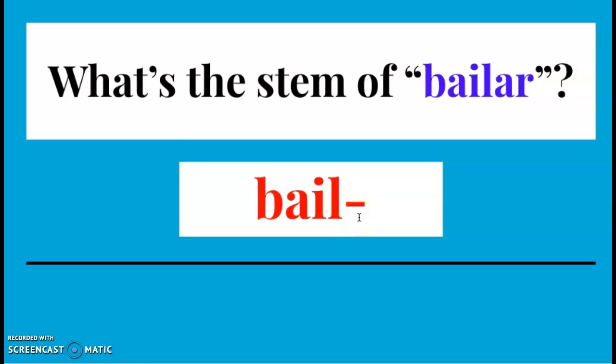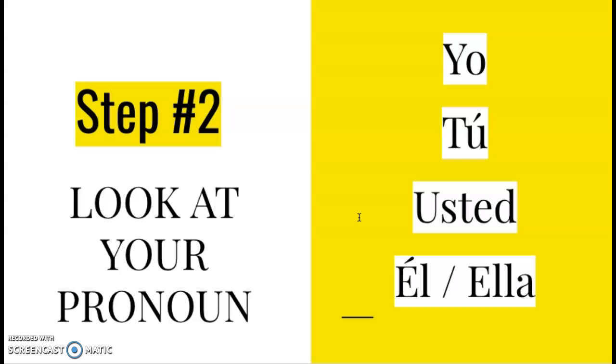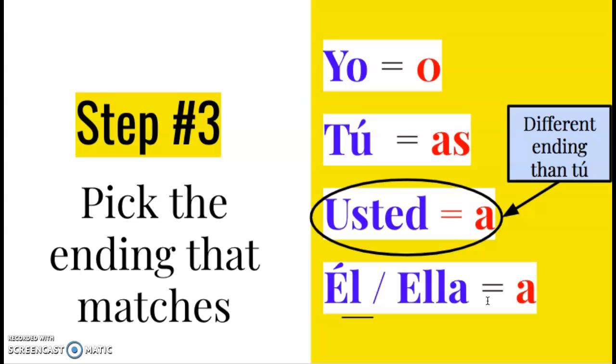That's what's left over. Now, the next step, step two, is then you look at your pronoun. Okay, so it's one of these options, yo, tú, usted, él, or ella. So I look at my pronoun, and that's going to tell me which ending I have to put on next. So I pick the ending that matches. For yo, I'm going to add o. For tú, I'm going to add as. For usted, notice that the ending is different than tú.